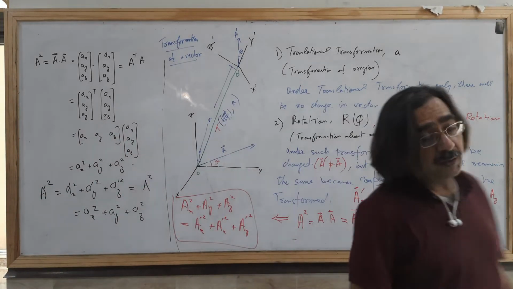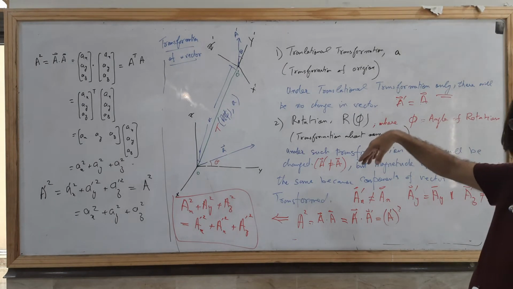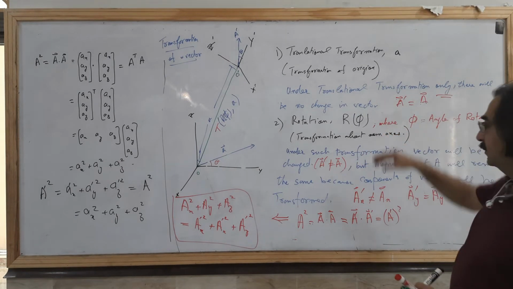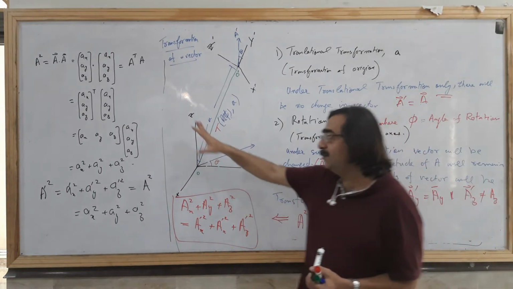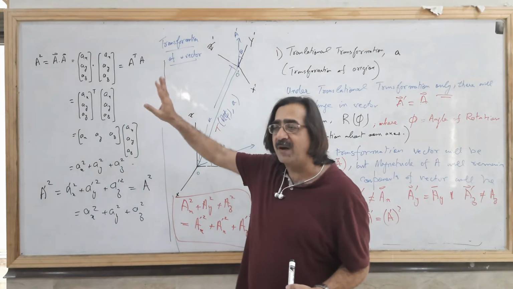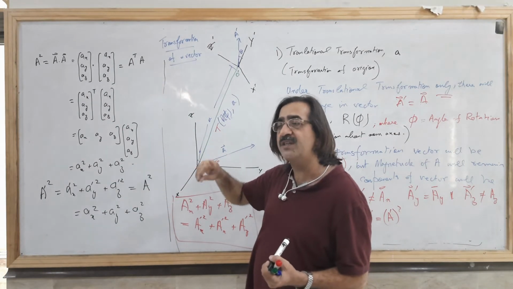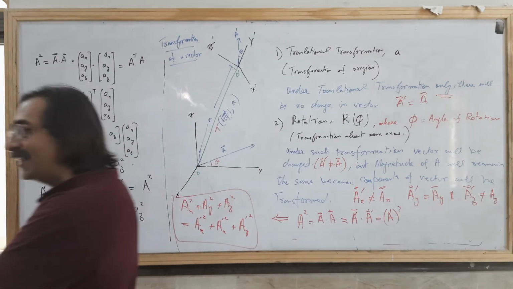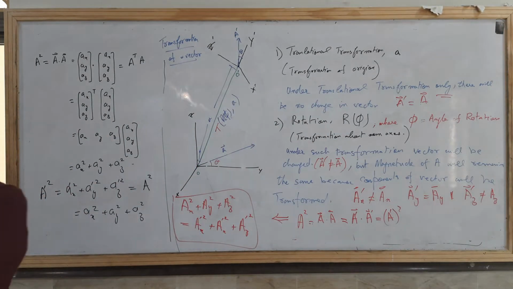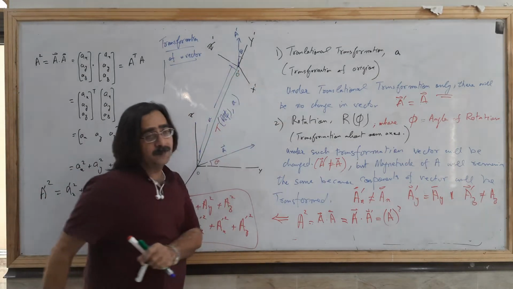Okay, so if I combine 1 and 2, the same thing will be true for both types of transformation, because इसमें आपकी मैग्नीट्यूड मतलब अंडर रोटेशन एंड अंडर, देखो मैग्नीट्यूड तो अगर वेक्टर सेम रहता है तो मैग्नीट्यूड सेम रहती है, तो अंडर बोथ ट्रांसफॉर्मेशन इफ आई कंबाइन 1 and 2.